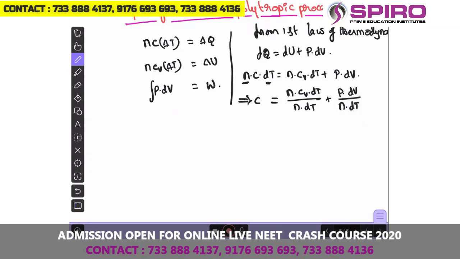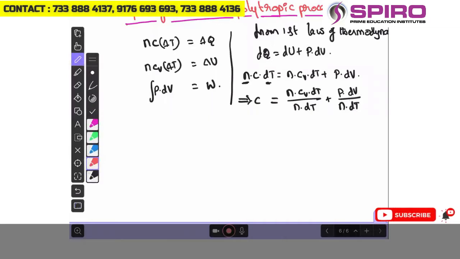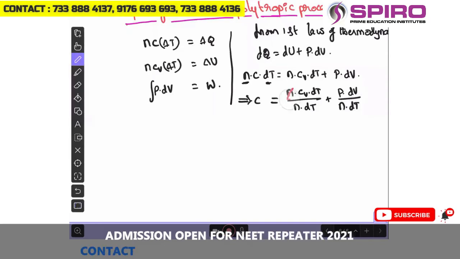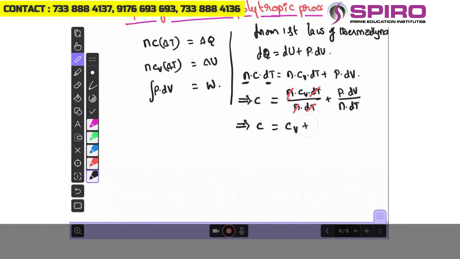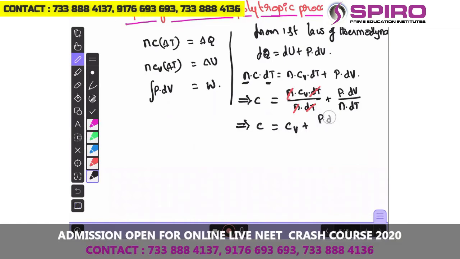Of course, in both numerator and denominator you can cancel n and dT, right? So C, the polytropic process specific heat, can be written as C equal to Cv plus P dV divided by n dT.